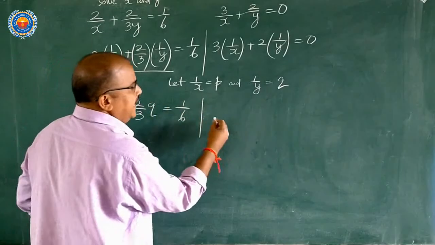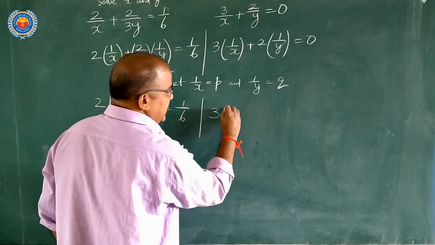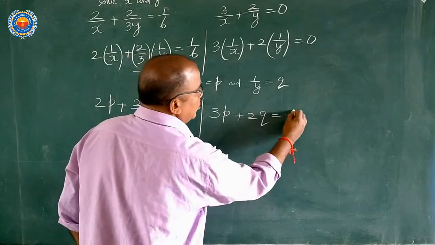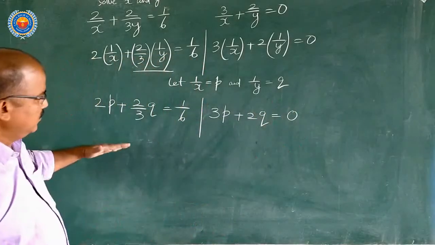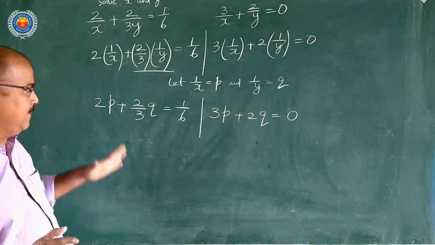On that side, 3 into 1 by x is p, and 2 into 1 by y is q, so 3p plus 2q is equal to 0. Now these two are in the form of linear equations in two variables.